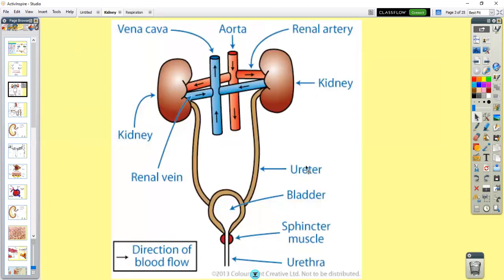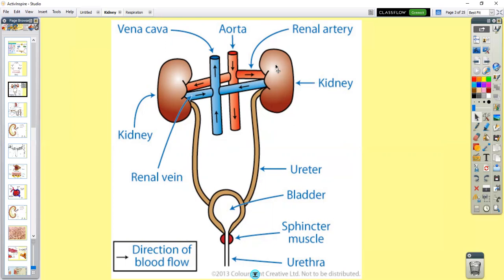In terms of the gross structure of the kidney, we have two kidneys, left and right, obviously. The aorta, which brings blood from the heart, brings blood into the kidney through the renal artery, which you can see here. The kidney acts as a bit of a filter, so it takes the useful things out of that blood and reabsorbs them.